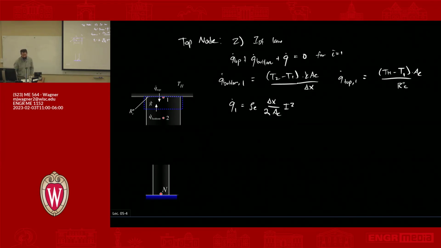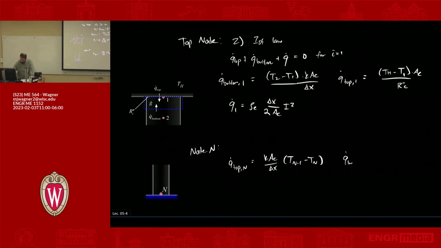We do the same thing again for node n. It's basically the same thing, so I'll just write it out. We have q dot top n is going to be KAC over delta X times T n minus 1 minus Tn.